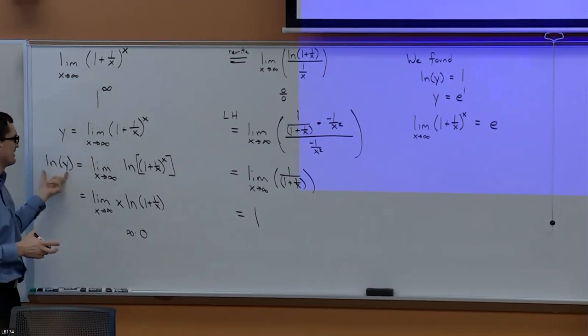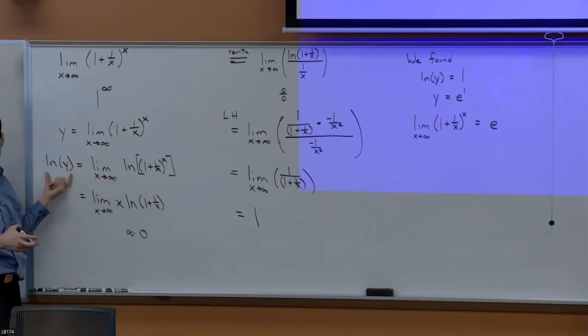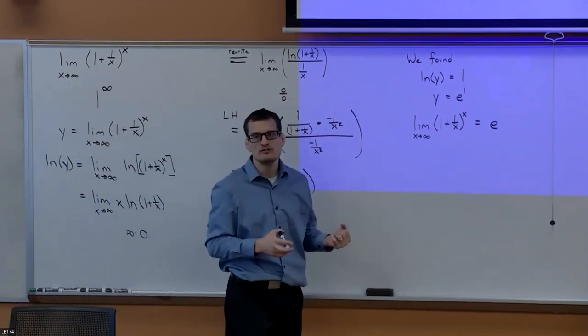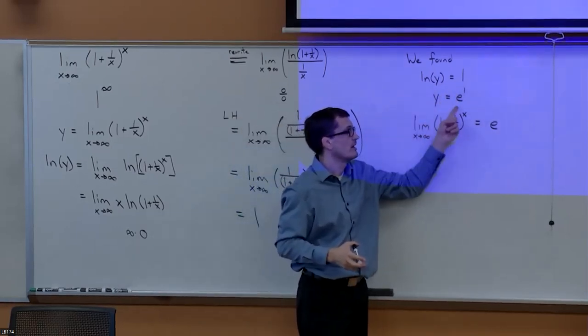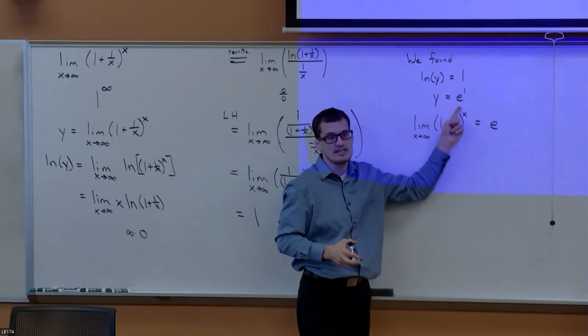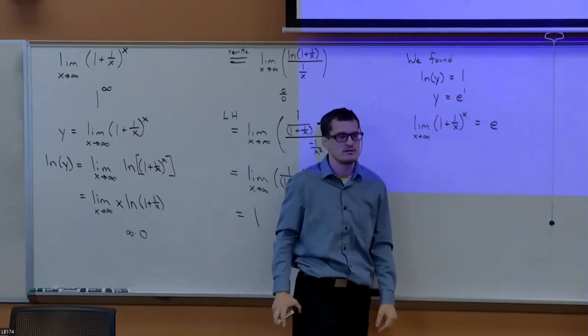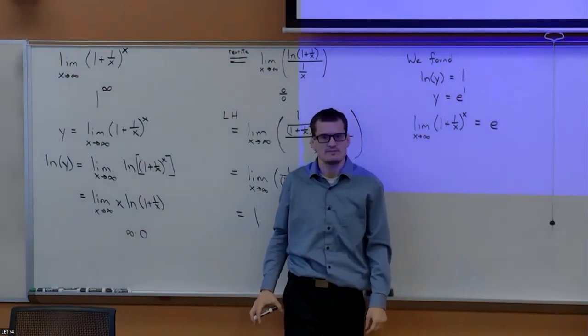We can find the limit of the natural log of y using some rewrites. And once you find the limit of the natural log of y, then you can find y by taking e to whatever power we just found. Is that all right?